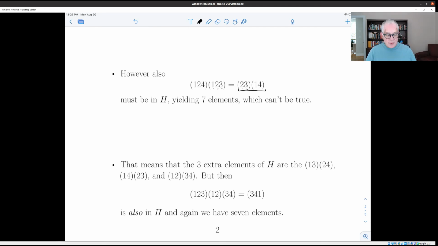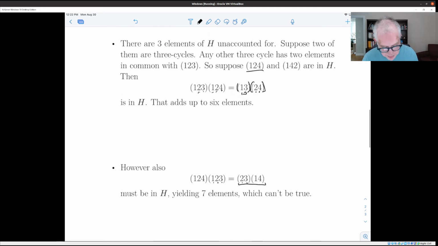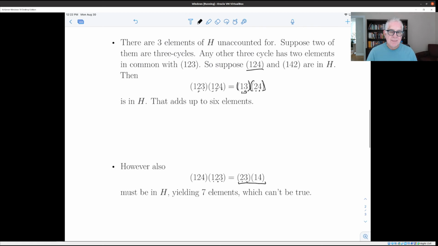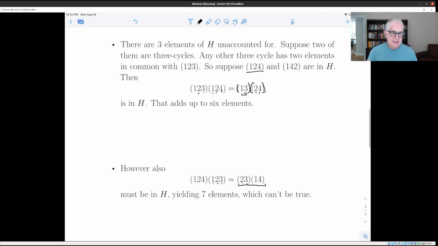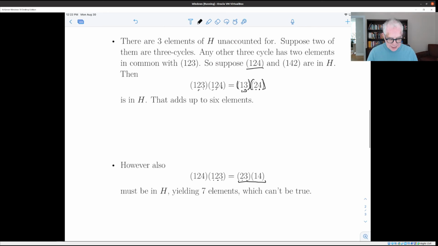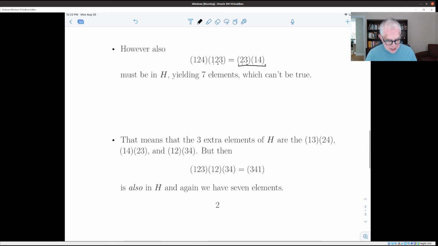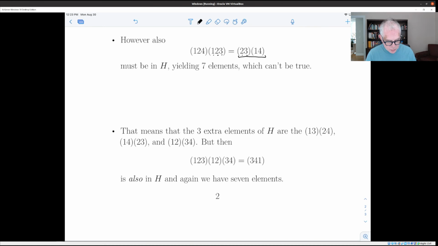So, okay, remember how we got to that situation. We assumed that there was another 3-cycle in H. So suppose that's not the case. So our H consists of the identity element, 2 3-cycles, and the remaining 3 elements in the group, which are the products of transpositions, (1 3)(2 4), (1 4)(2 3), and (1 2)(3 4).